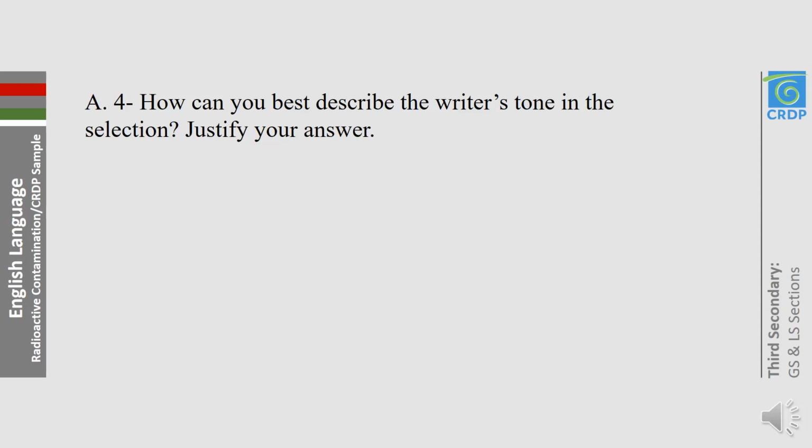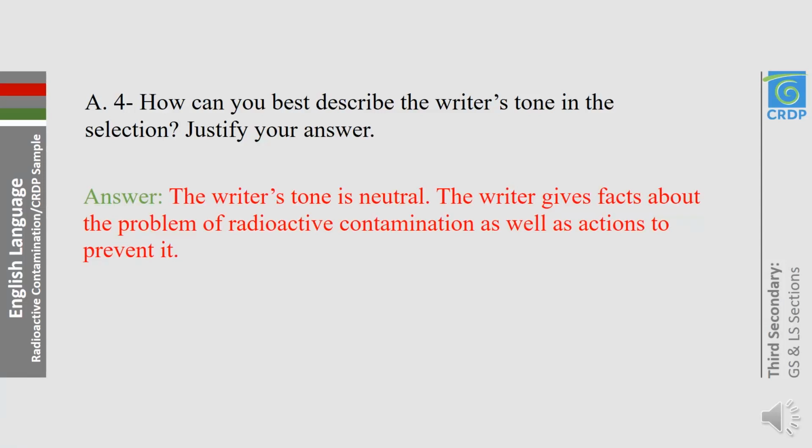The writer of this article has presented facts about radioactive contamination, its health risks, and the measures that should be taken against such a dangerous contamination without passing any judgment or giving a personal opinion. So we can say that the writer's tone is neutral. The writer gives facts about the problem of radioactive contamination as well as actions to prevent it.